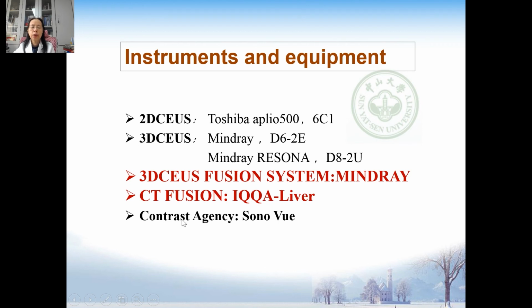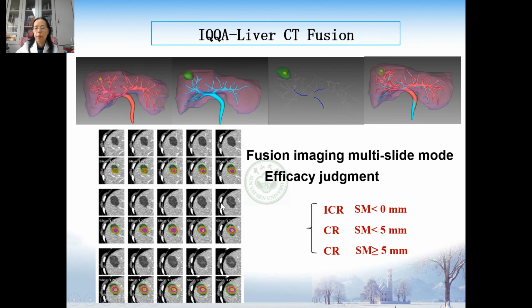The contrast agent used is SonoVue. Here is the CECT fusion system. By registration of the vessels, we fuse the 3D images before and after, and we can see the fusion image and get multi-slice views.